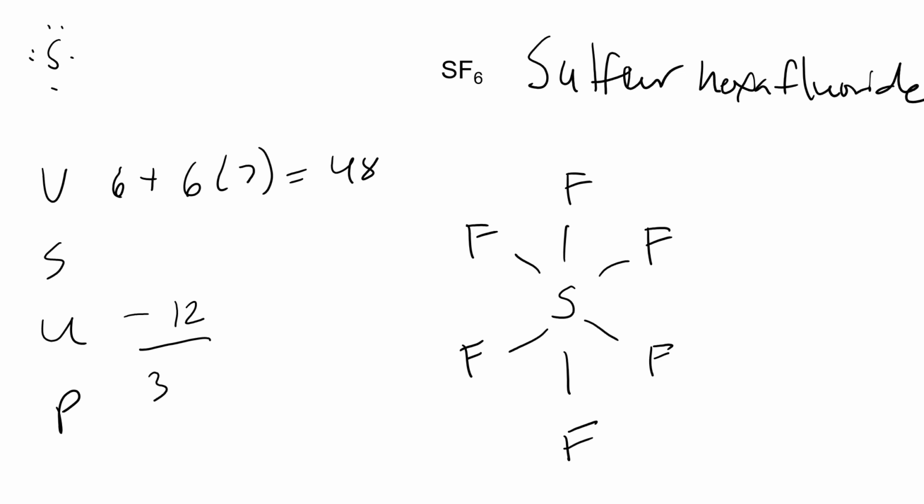I have 36 left over, or 18 pairs. Hopefully this works out. 1, 2, 3, 4, 5, 6, 7, 8, 9, 10, 11, 12, 13, 14, 15, 16, 17, 18, 19, 20, 21, 22, 23, 24, 25, 26, 27, 28, 29, 30, 31, 32, 33, 34, 35, 36.